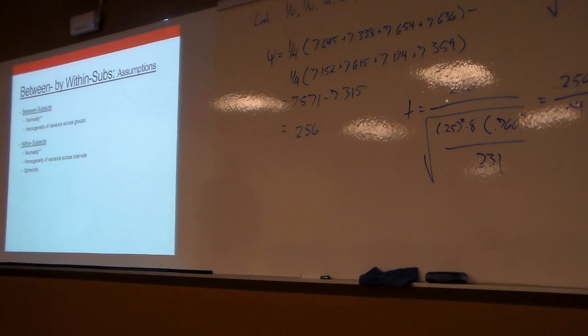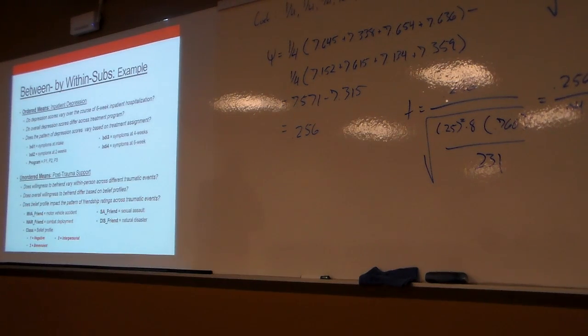But there is some flexibility there. Homogeneity of variance across intervals: for each group, we want the variance to be reasonably equal across repeated assessments, and then our sphericity assumption, just as before.